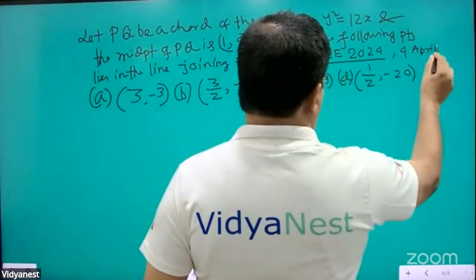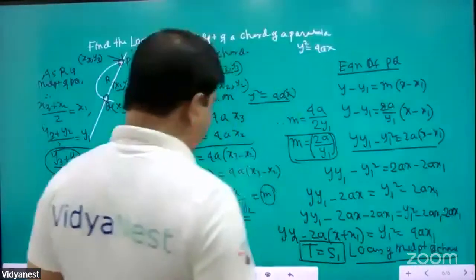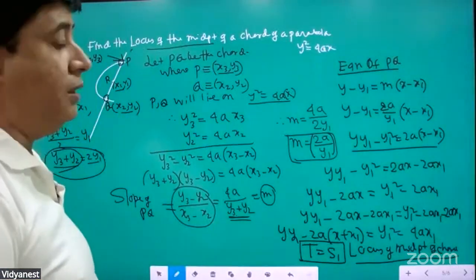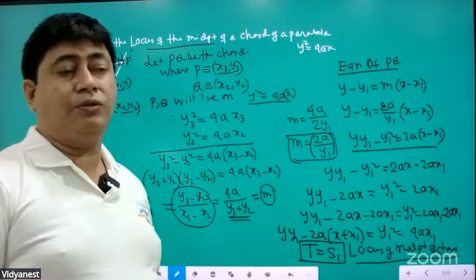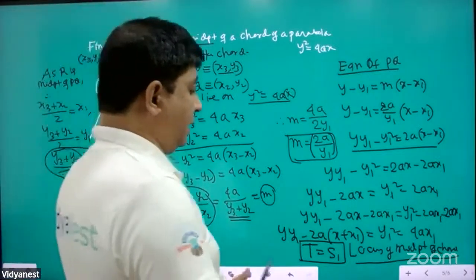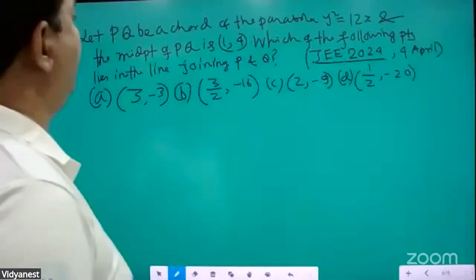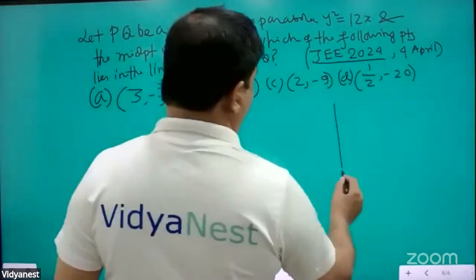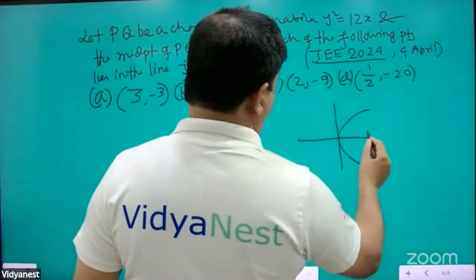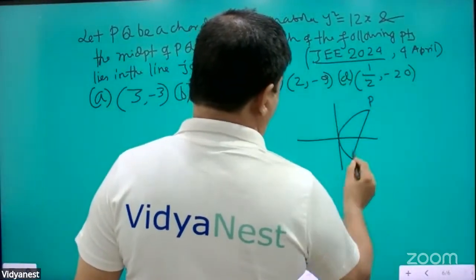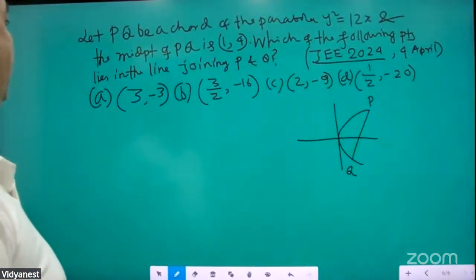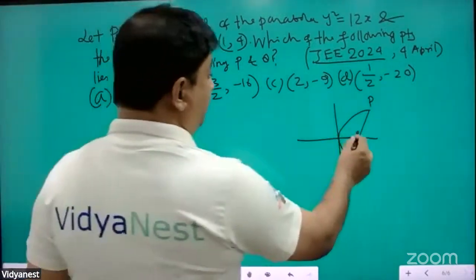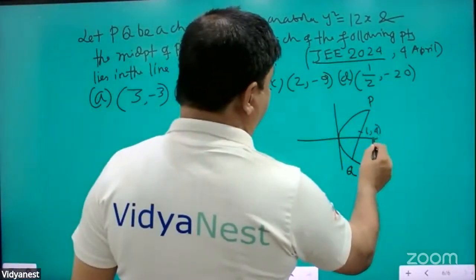That means if I know this property T is equal to S1, this sum you can solve in 2-3 minutes. It will be nothing. See, PQ is a chord. This is the parabola given. Look, the midpoint is given as 1, 4.